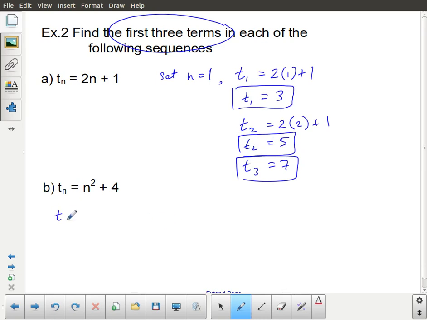How about this one? T1 is equal to 1 squared plus 4. 1 squared is just 1, plus 4 is 5. T2 is equal to 2 squared plus 4. So 2 squared is 4, plus 4 is equal to 8. And T3, 3 squared is 9, plus 4 is equal to 13.